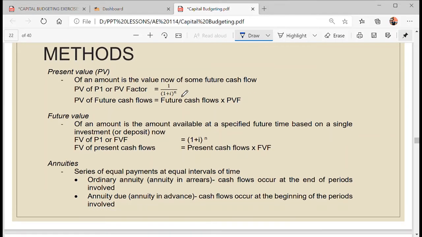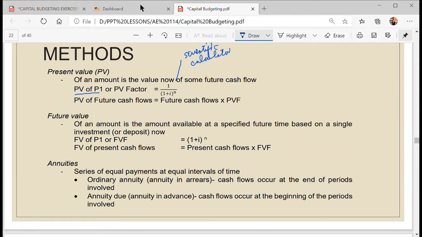Okay, mao ni siya ang formula for the present value. So, kung mukuha kag present value of 1, this is the formula sa scientific. So, pwede ninyo siyang i-type sa inyong scientific nga calculator. Pero kung magamit mo ordinary nga calculator, naa siya'y ipisliton para makuha.